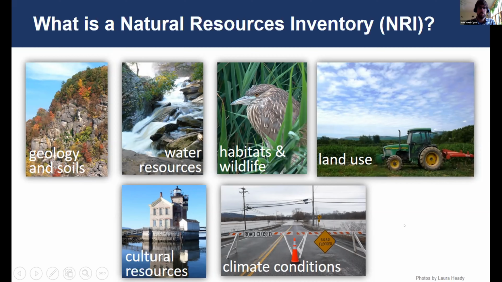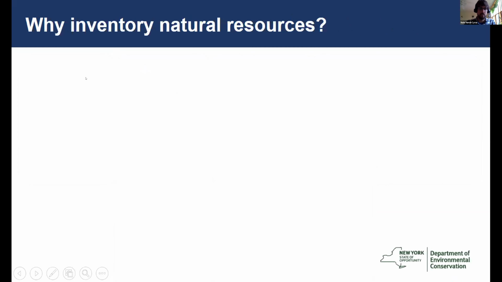And that should include a series of maps that describe that data spatially, and then a descriptive report and appendices that give context for those maps so that they're not just floating out in space. They're actually easy to interpret.